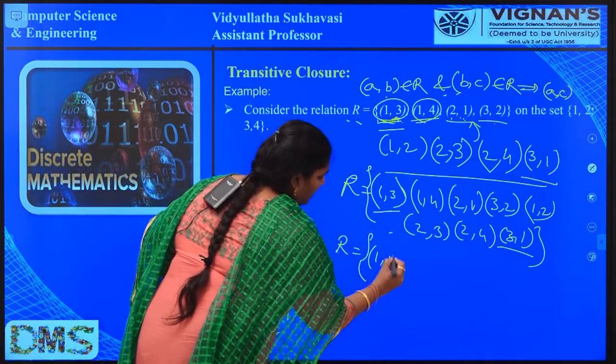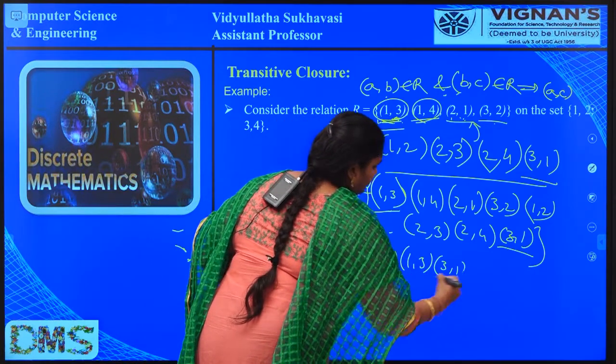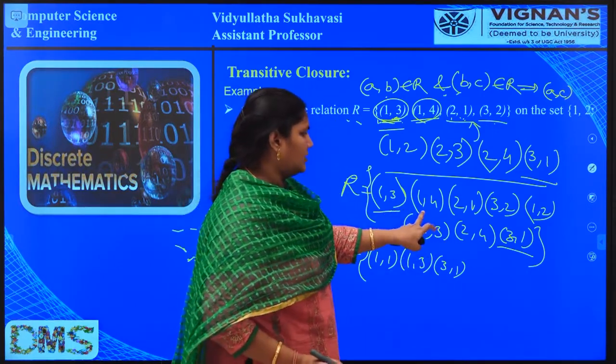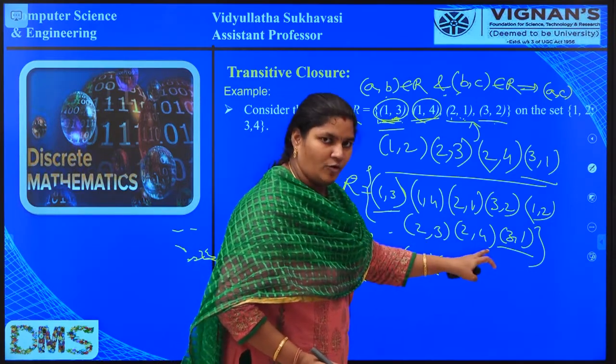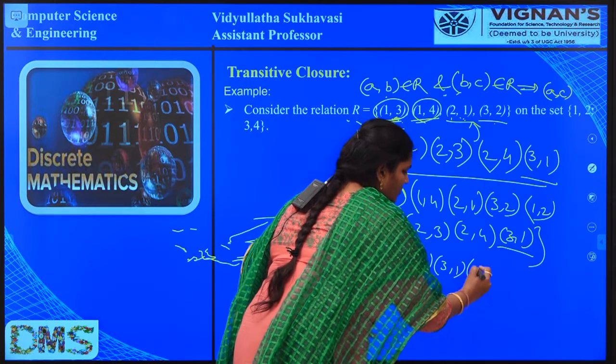So 1, 1 is added for 1, 3 and 3, 1. Okay, these two ordered pairs are finished. Next, if you take this 1, 4, is there any ordered pair which starts with 4? No. So we will directly write it like this.